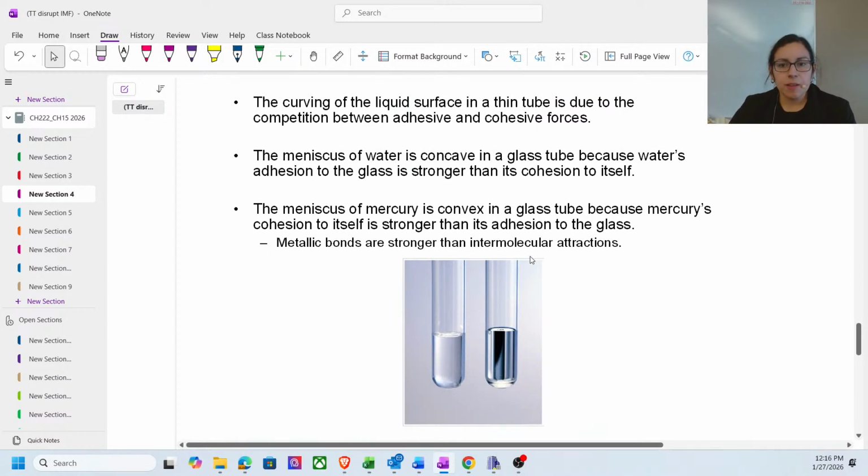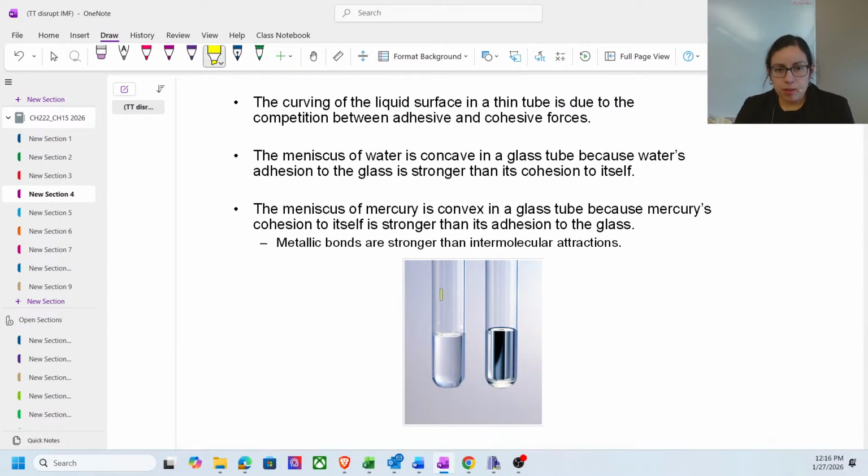Looking at our substance here, normally we look at water. The curving of this liquid is again due to the competition between the adhesive and cohesive forces.